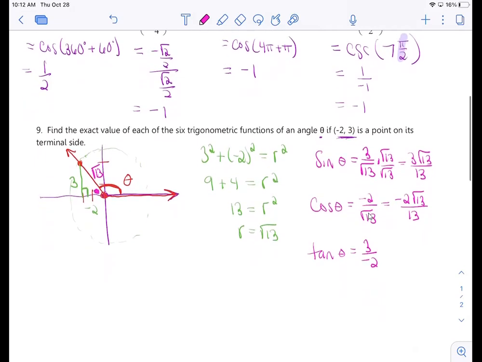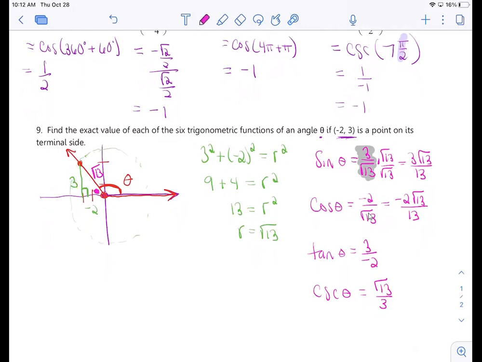All right, we have to find 6 of them. So we need to do the reciprocal functions. So cosecant of theta. This is the nice thing. Go ahead and take this reciprocal, right? Because I don't want to have to rationalize and simplify things if I don't have to. So that would just be root 13 over 3. Another way I could have looked at that is the definition of cosecant is hypotenuse over opposite, right?